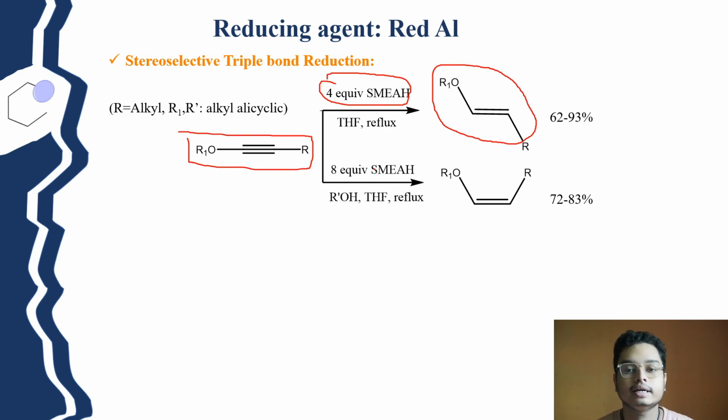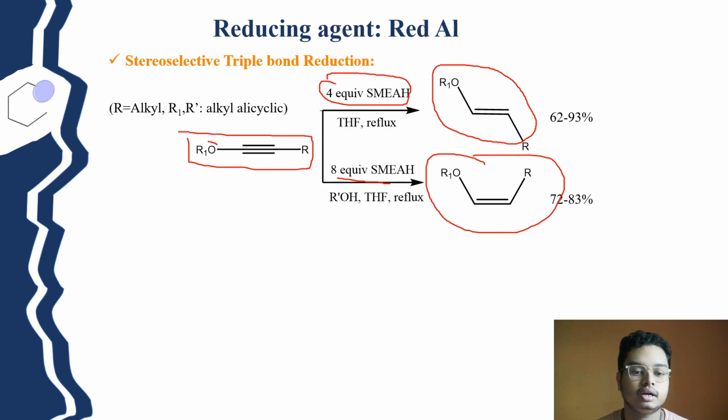But if you increase the amount of SMEAH to 8 equivalents or higher, then the cis product is observed. This is a stereoselective reaction, and it is because this particular oxygen chelates with the Al present there, and it facilitates the reaction.